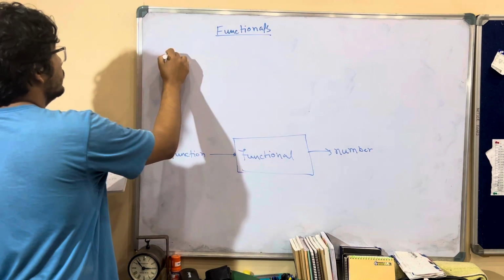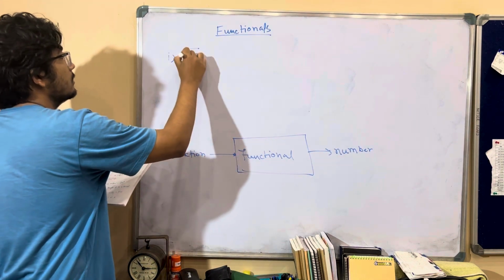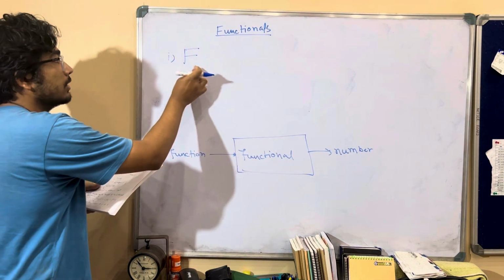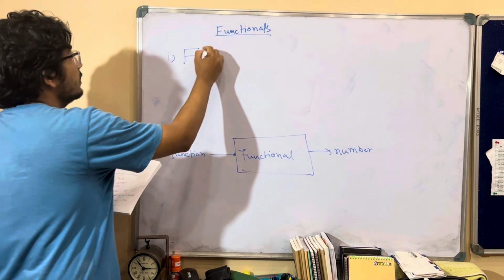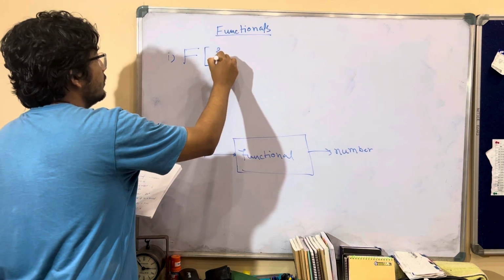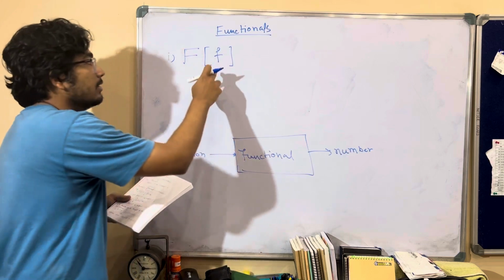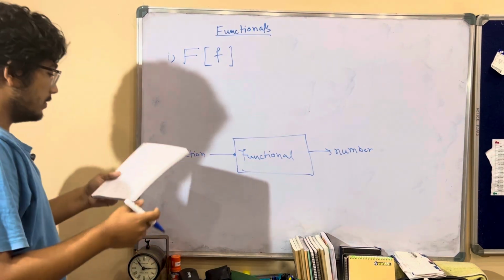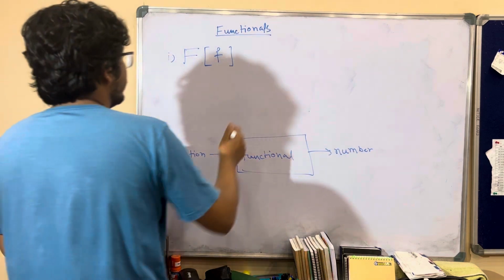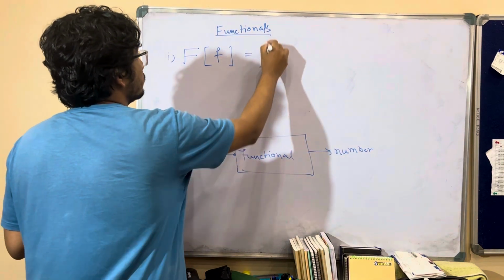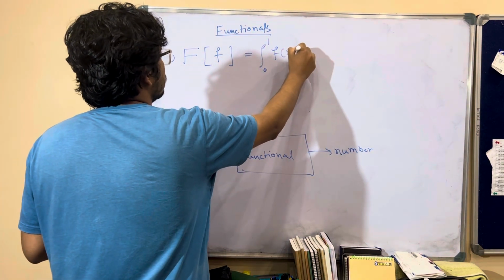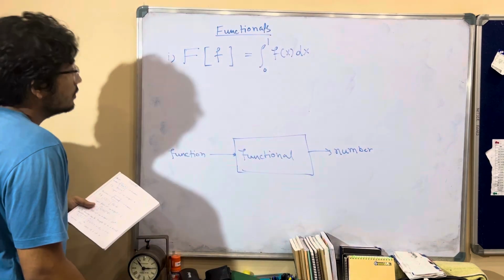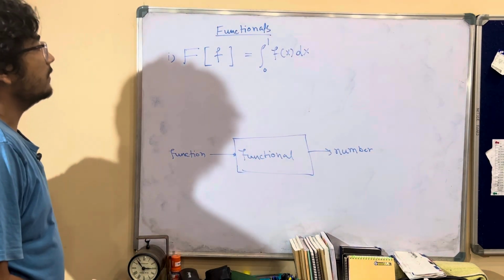For the first example of a functional, we denote the functional using capital letters, and within square brackets we denote the function which we are using as the input. So the first example is this one. This is an example of a functional.